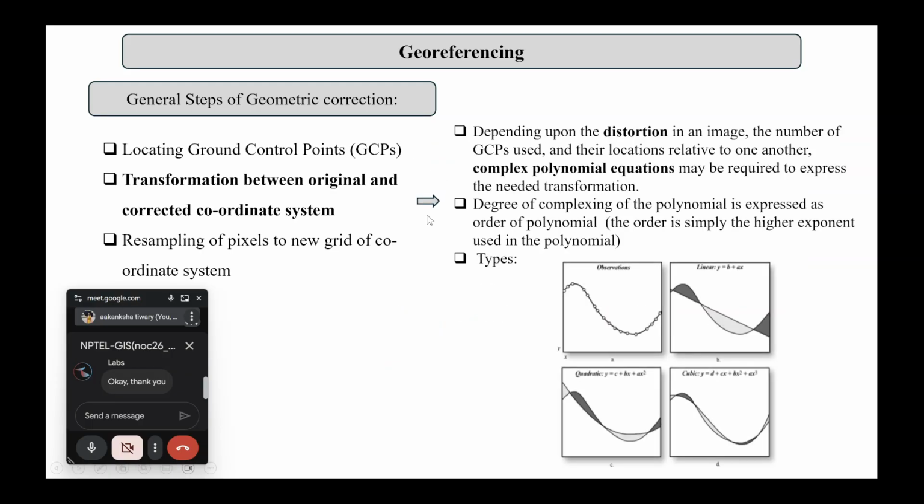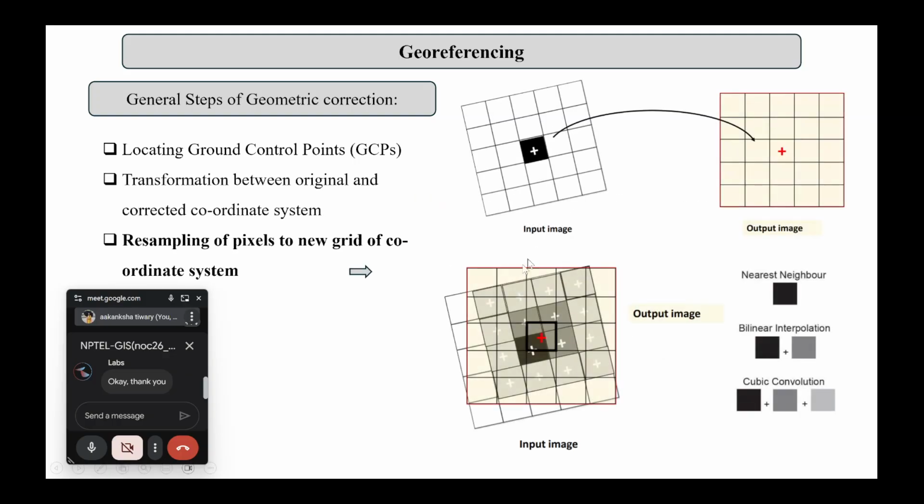Once you assign ground control points, there is a transformation based on what kind of equation you are using. There can be a linear or complex polynomial transformation. After the transformation, suppose your input image was like this, your output image is rotated slightly like this.